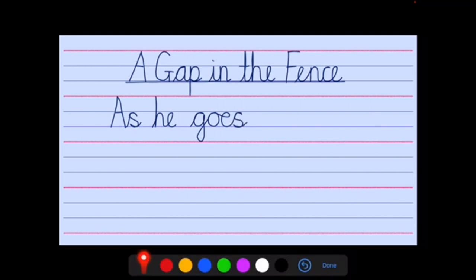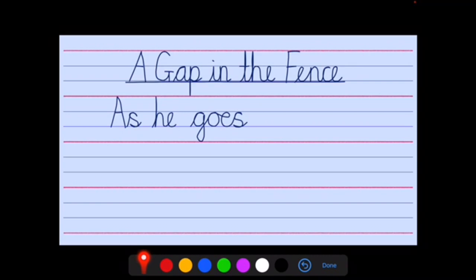And go is one of the words where we had suffix es. The next words are to science. And because science is the name of a subject at school, that will also get a capital letter.